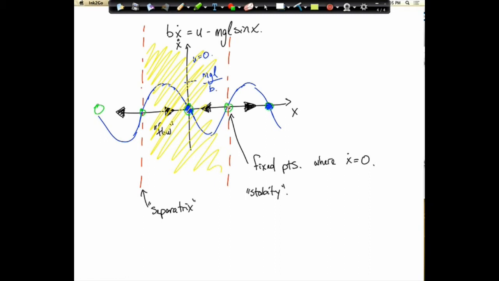So that set of states X is called the region of attraction of the fixed point at the origin. Sometimes it's called basin of attraction. Okay, and every one of those stable fixed points is going to have some region or basin of attraction.